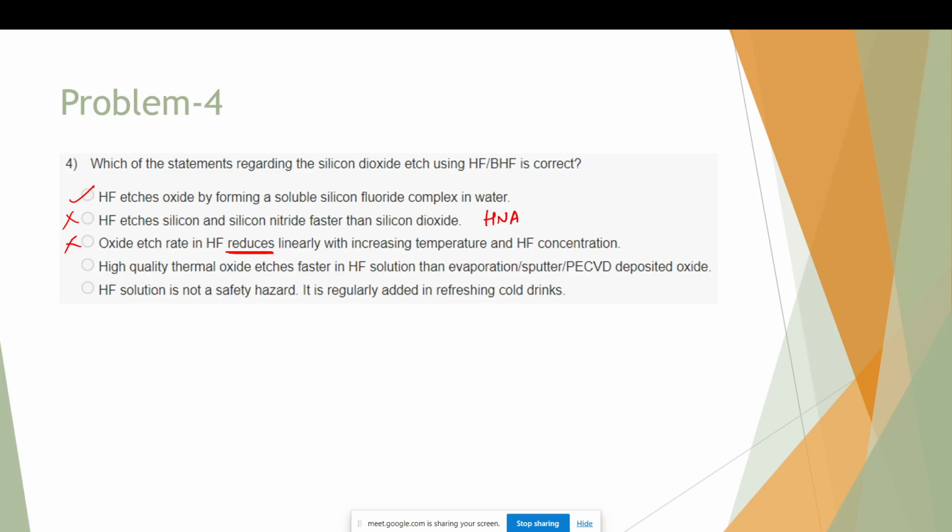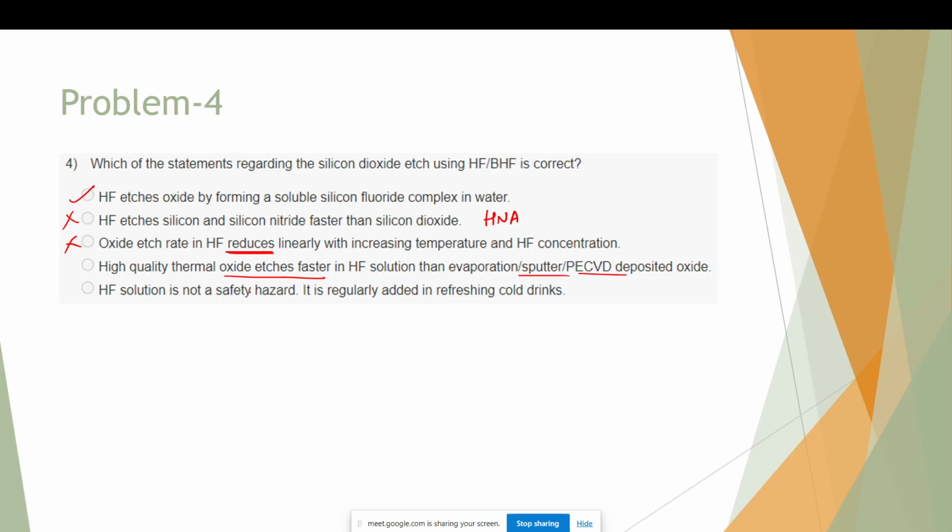Again, this is not true. High quality films usually take longer to etch compared to relatively lower quality films. Thermal oxide is a very high temperature process, so it takes longer for HF to etch high quality oxide films compared to lower quality sputter, PCVD or evaporation films.